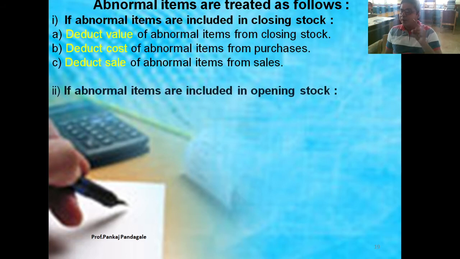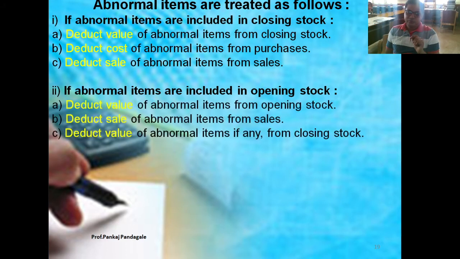Then, if the abnormal items are included in the opening stock, what will be the treatment? Deduct the value from the opening stock, deduct the sales from sales, and deduct the value of the abnormal items, if any, from the closing stock. These are the treatments when abnormal items are included in the opening stock.